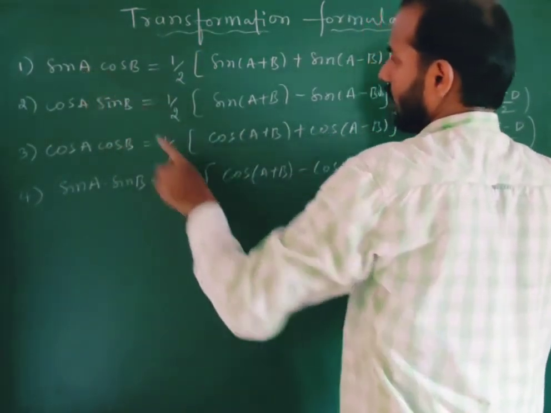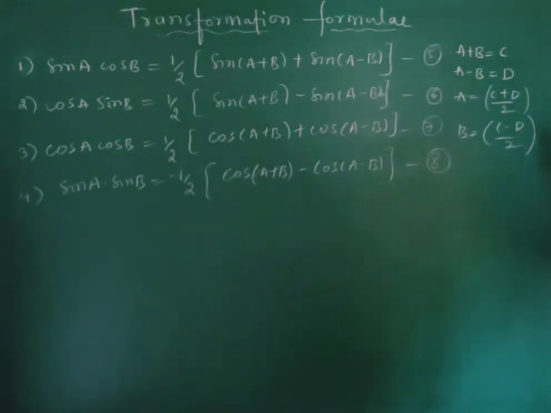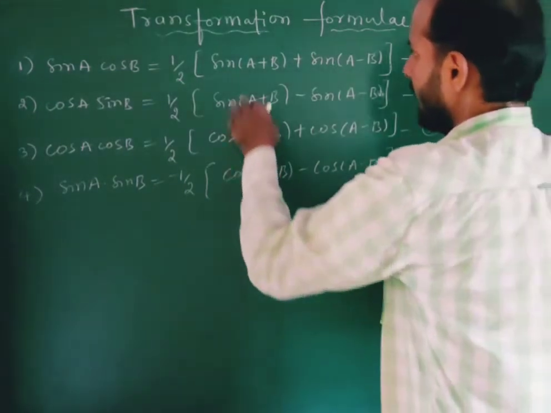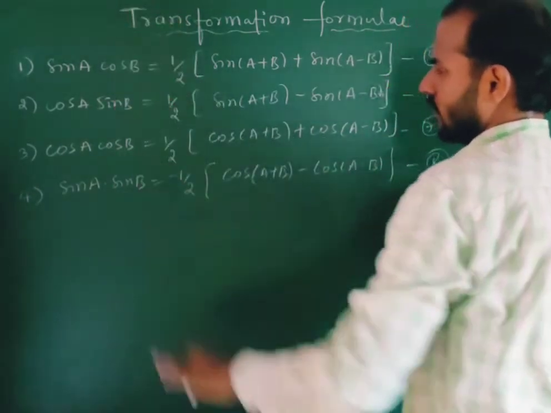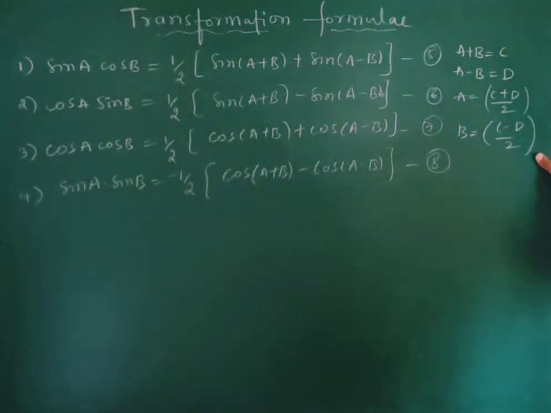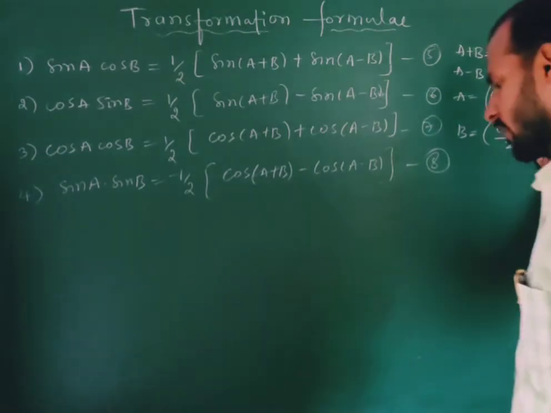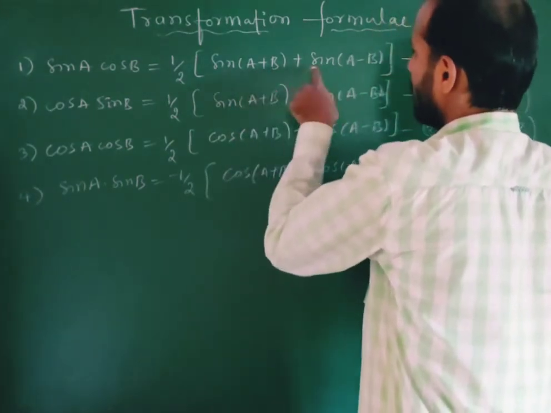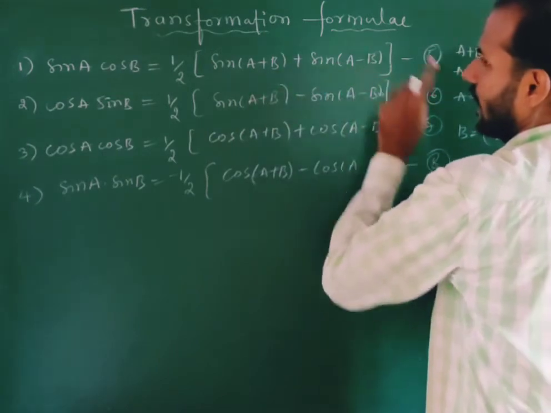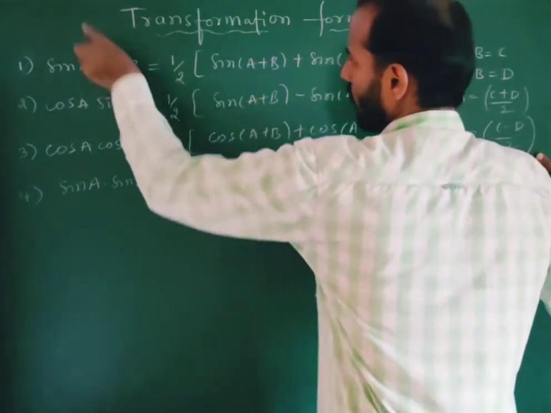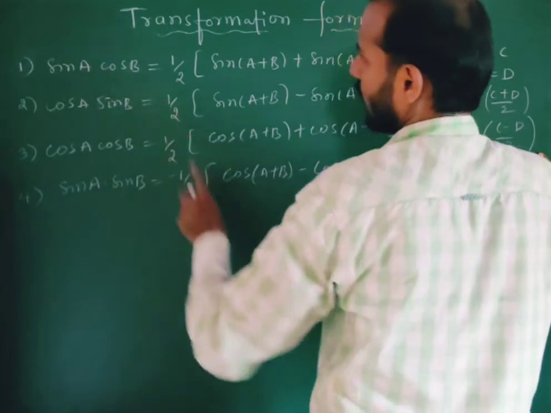Sin a cos b, taking 2 to the LHS, we get sin a plus b and sin a minus b. 2 into sin a cos b it is, right?